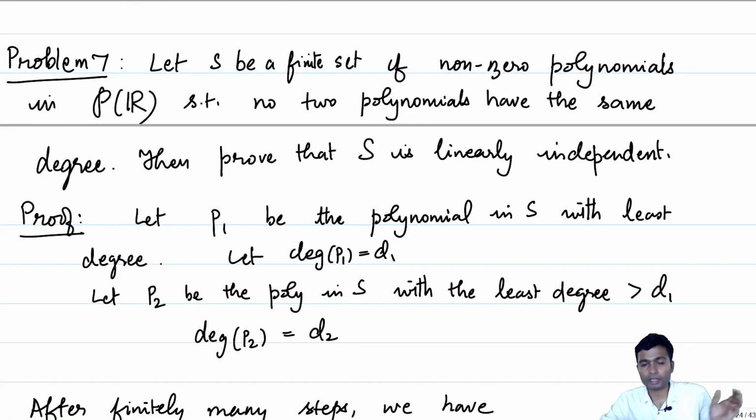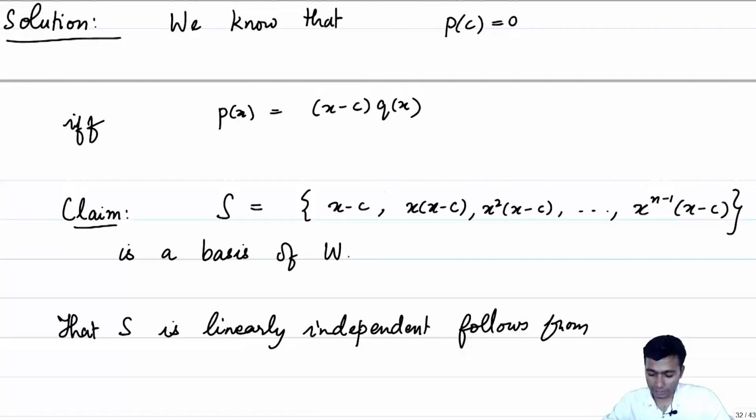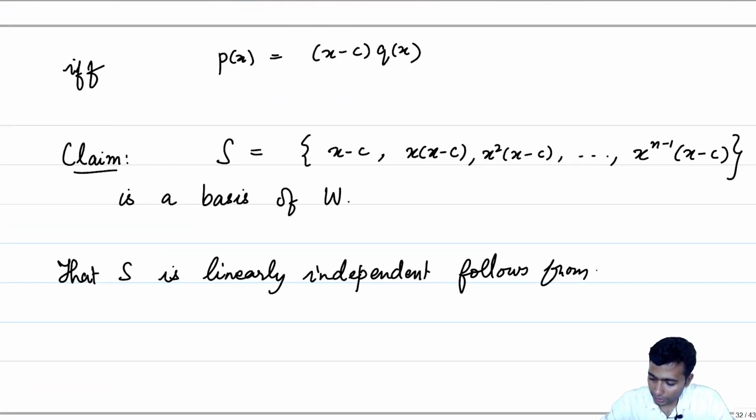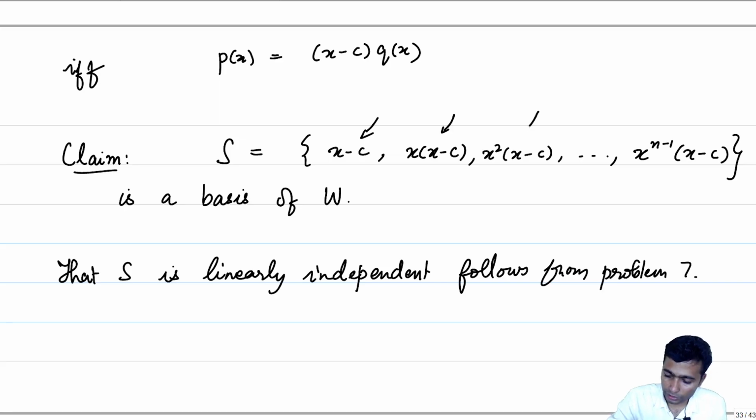Problem 7 said that if there is a subset S which consists of polynomials which have different degrees, no two of them having the same degree, then they should be linearly independent. Notice that the same argument goes through in Pn of R as well. So, problem 7. Why? Because this has degree 1, this is degree 2, this is degree 3, and this is degree n. All these have different degrees.